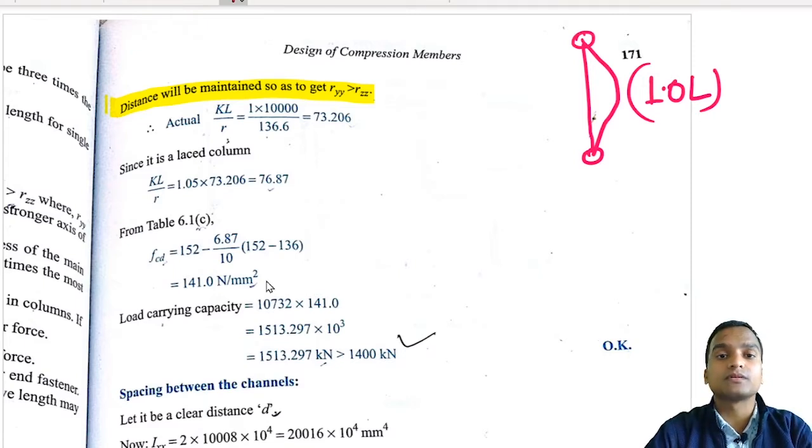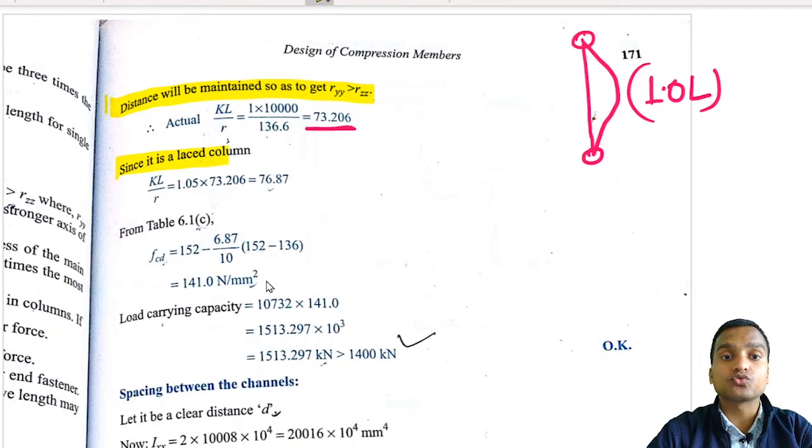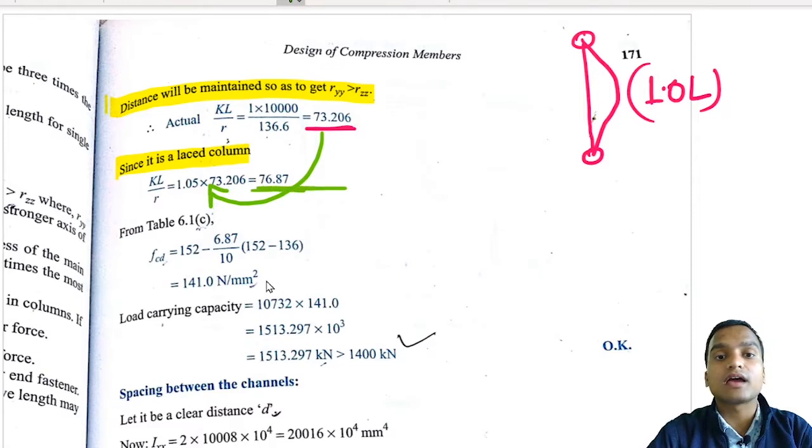So we have converted it into millimeter, 10,000 millimeter, and the RZZ value is 136. So this is my actual slenderness ratio. But since it is a laced column, the effective slenderness ratio becomes 1.05 times the actual slenderness ratio, and that's why we have multiplied by 1.05 here, and this is the effective slenderness ratio for a laced column.